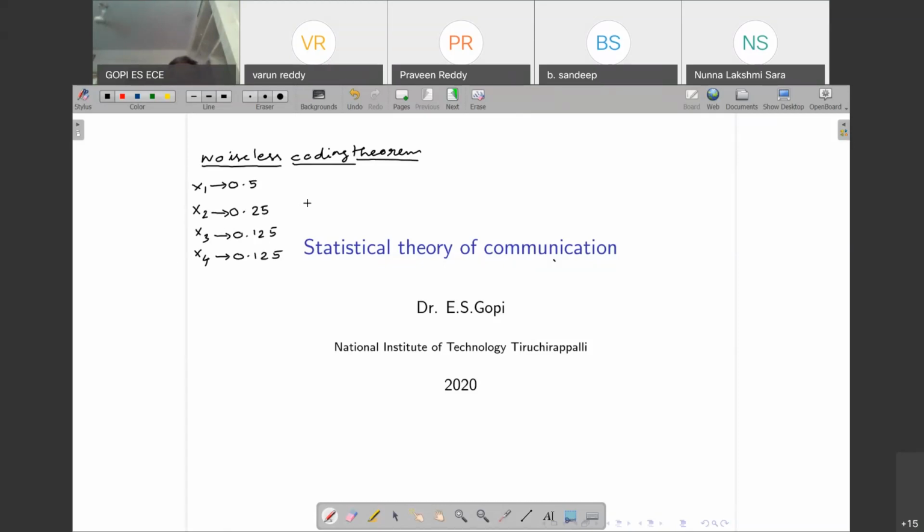When you add these probabilities, they end up with 1, and you are going to use the symbols D, either 0 or 1, like this.